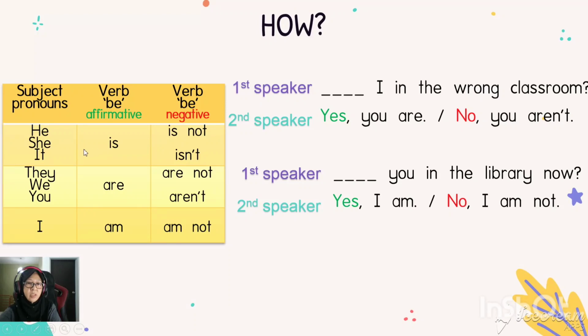There is no you here. Is goes with he, she, it. What about are? Are you in the library now? Does it match with the subject pronoun? They, we, you. Okay, so the answer is are. Are you in the library now?